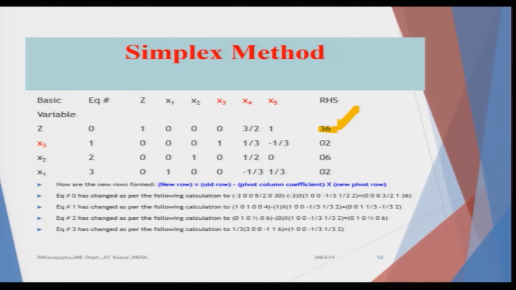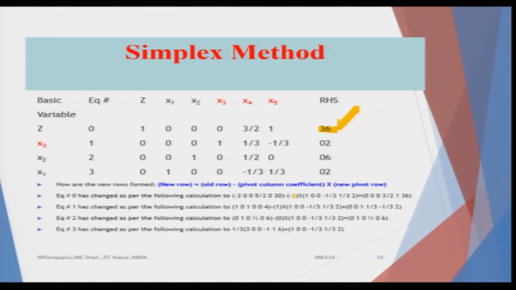In equation 1, the old row was minus 3 for x1, 0, 0 for the corresponding basic variables, 5 by 2, 0, and 30 was the last value in that 0th row, which was the objective function. So the objective function would now be changing from 30 to 36. Let us check that now.